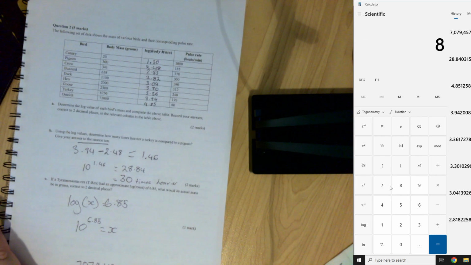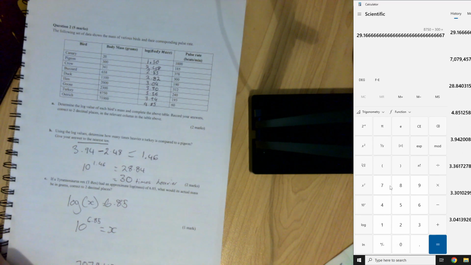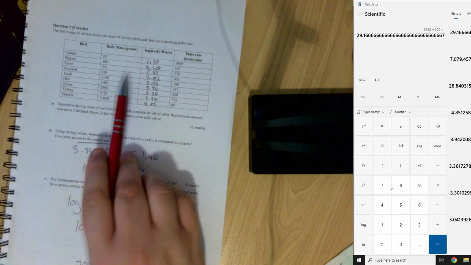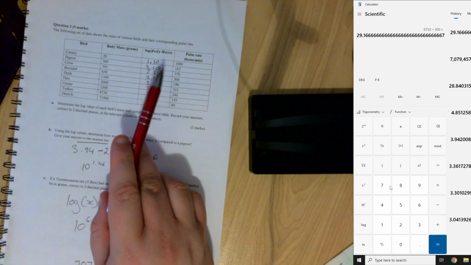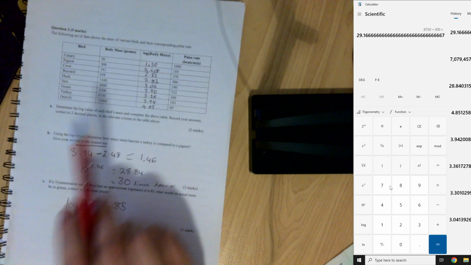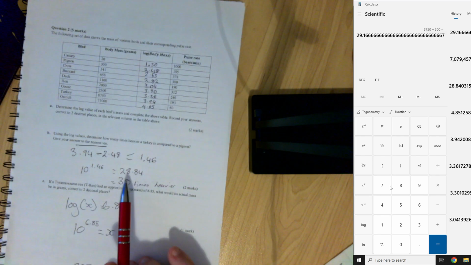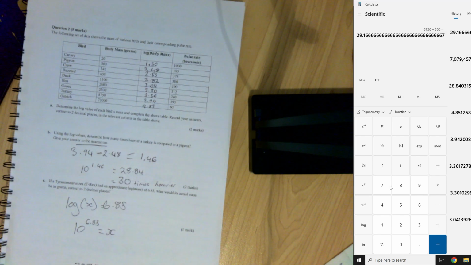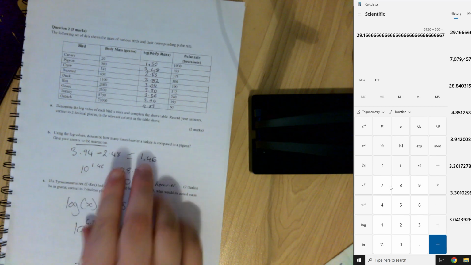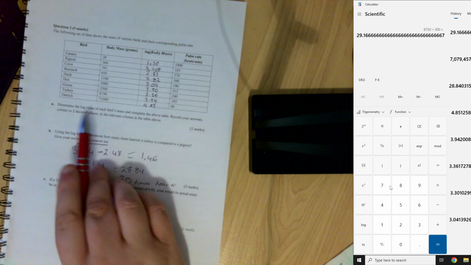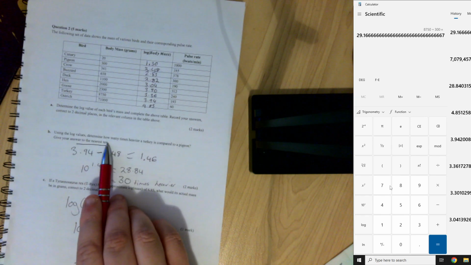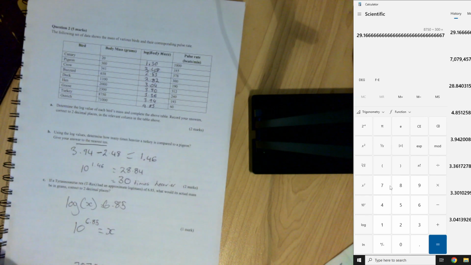If you did the turkey being 8,750 divided by 300 for the pigeon, it says 29, not 28.84. The reason is because when we did our logs, we rounded them to 2 decimal places. If we let them be, it would be 28.84. But that's what the question tells you to do. It says to round them to 2 decimal places and then use that rounded answer. So that's the important part there.